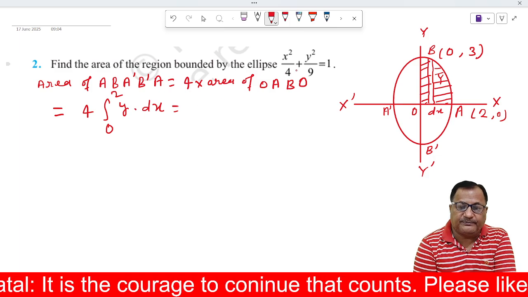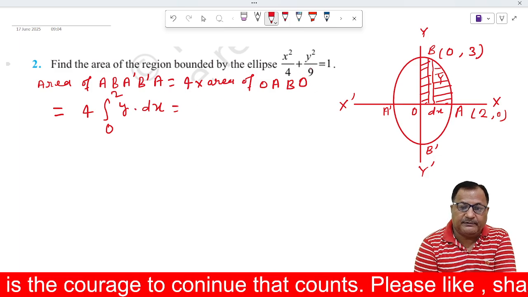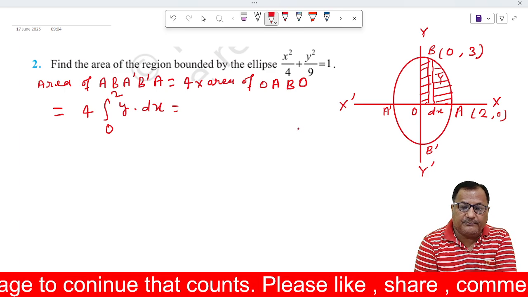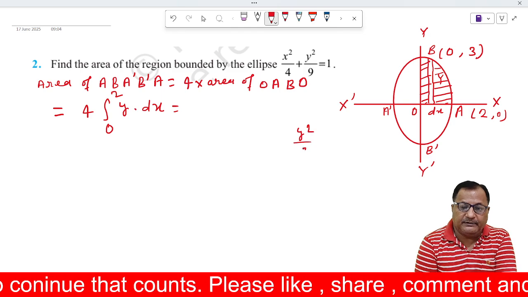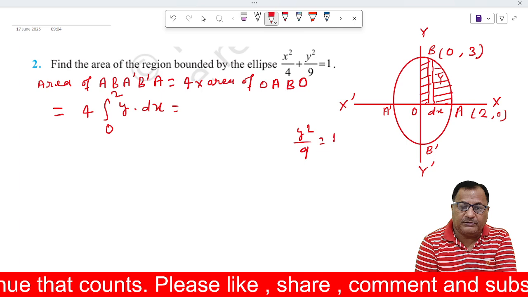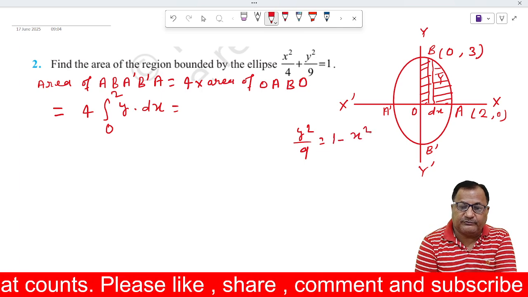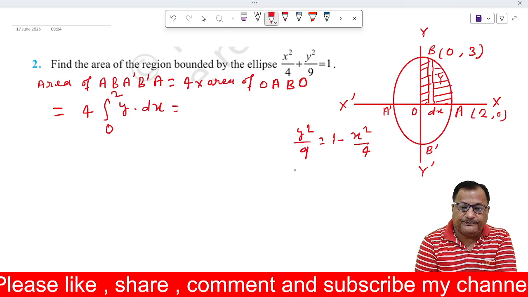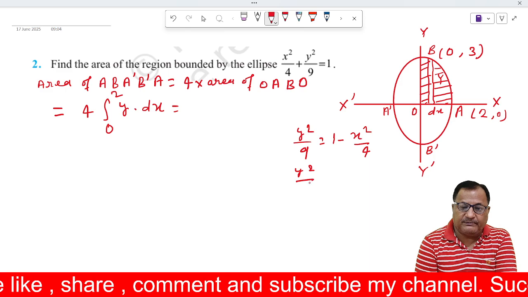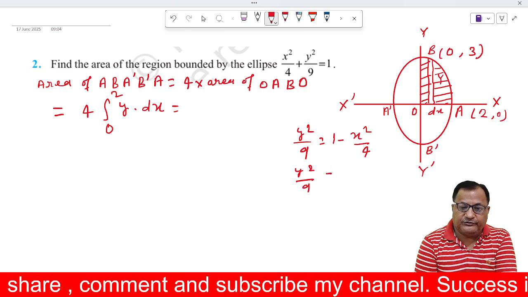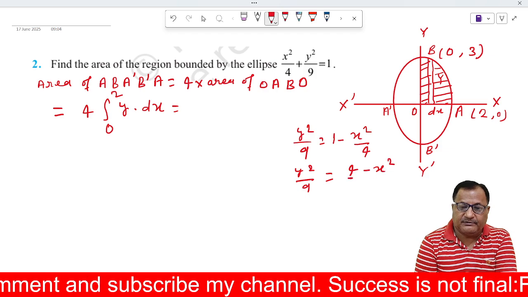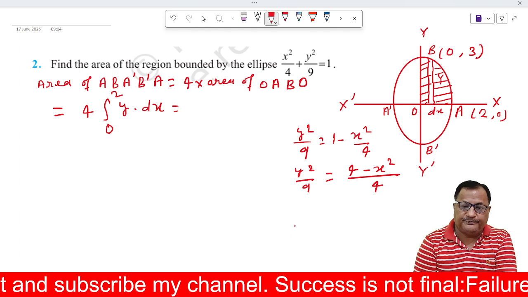Y is here. From here we will take out y. y square by 9 is equal to 1 minus x square by 4. If we take the LCM, y square by 9 is equal to 4 minus x square divided by 4.